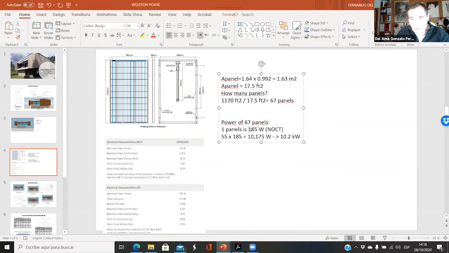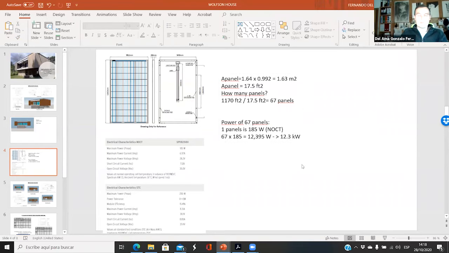If one panel is 185, it doesn't change. So this is 67 times 185. It's 12,395. So this is around 12.3 kilowatts.